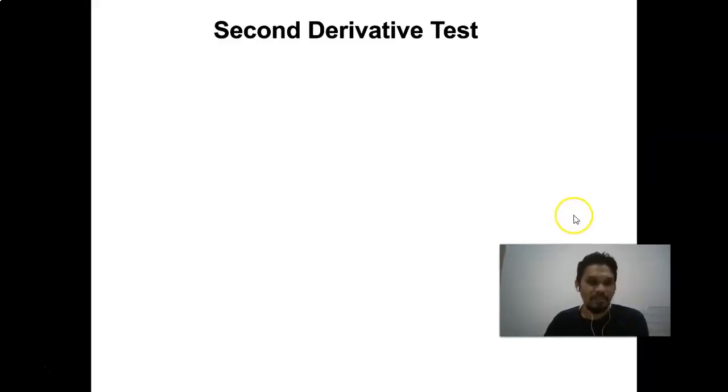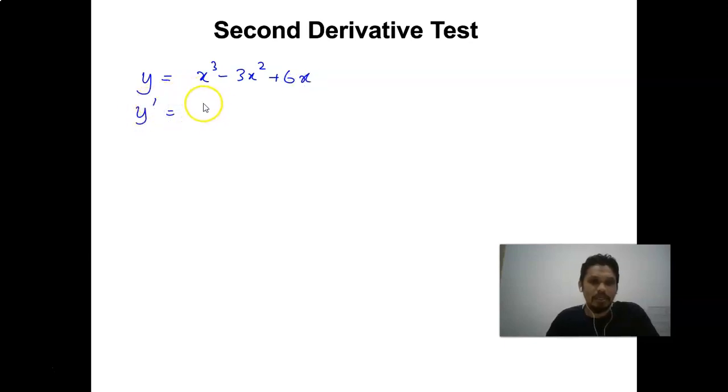Okay, second derivative test. From y equals x cubed minus 3x squared plus 6x, y prime or dy/dx equals 3x squared minus 6x. We make y prime equal to 0, where 3x squared minus 6x equals 0. Factorize 3x times (x minus 2).